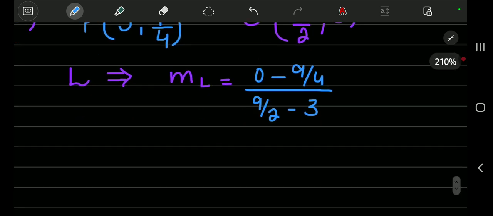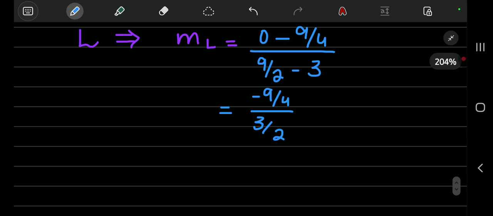Solving it gives minus 9 over 4 over 3 over 2, so m is equal to minus 3 over 2. The slope of your line is minus 3 over 2.